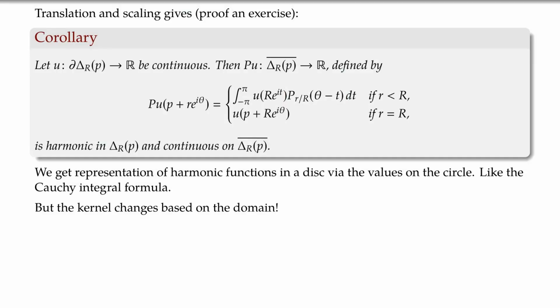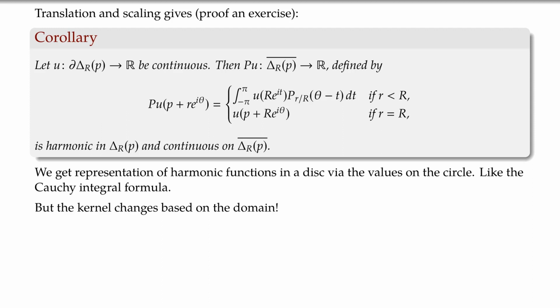For different domains you would have different kernels. You could make a kernel for a square, for an ellipse, or for some other domain. They're generally going to be hard to figure out unless you can figure out some nice mapping from the disk to your domain.